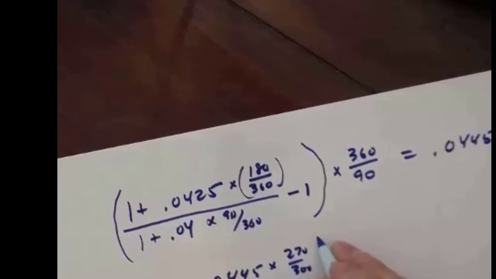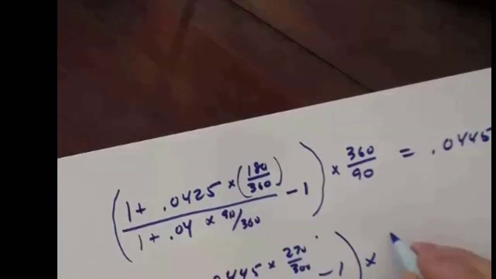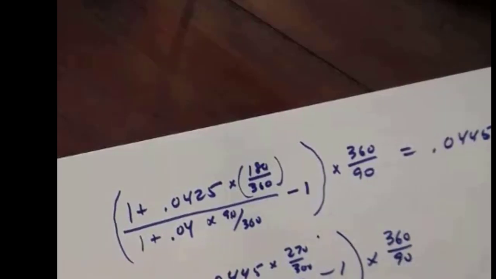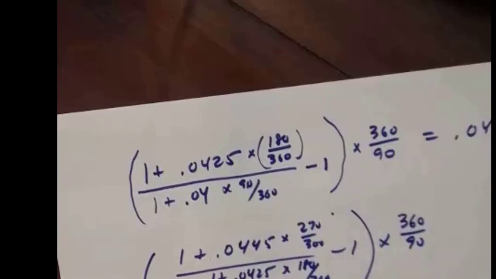Now we're going to subtract 1, and then we're going to annualize it. We have 270 days and we're dividing by 180 days, so technically this number is on a quarterly basis. We have to take this quarterly number and annualize it by multiplying it by 4, basically.